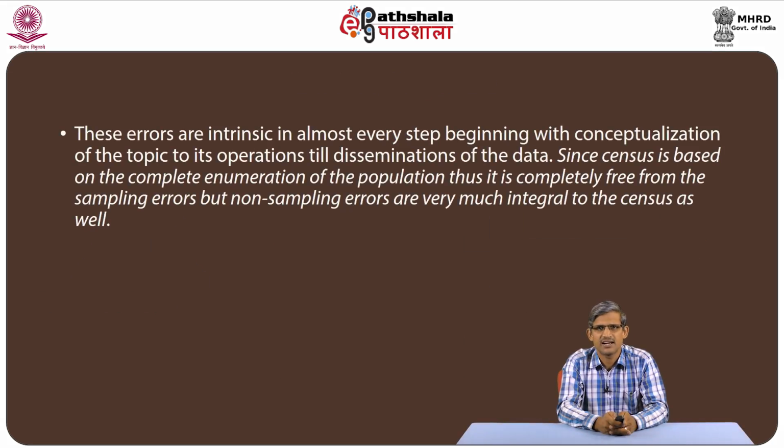These errors are intrinsic in almost every step, beginning with conceptualization of the topic and its operationalization, till dissemination of the data. Since a census is based on a complete enumeration of the population, it is completely free from sampling errors, but non-sampling errors are very much an integral part of the census as well.